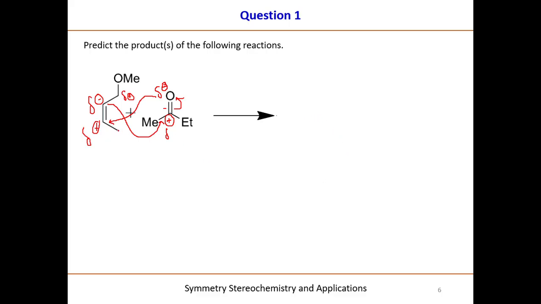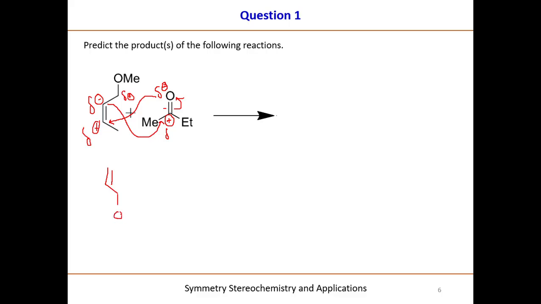Because they are interacting in reverse, I will write in this manner, so it will become easy to understand for you. OMe, or you can write in a different way also. Directly I will write OMe.